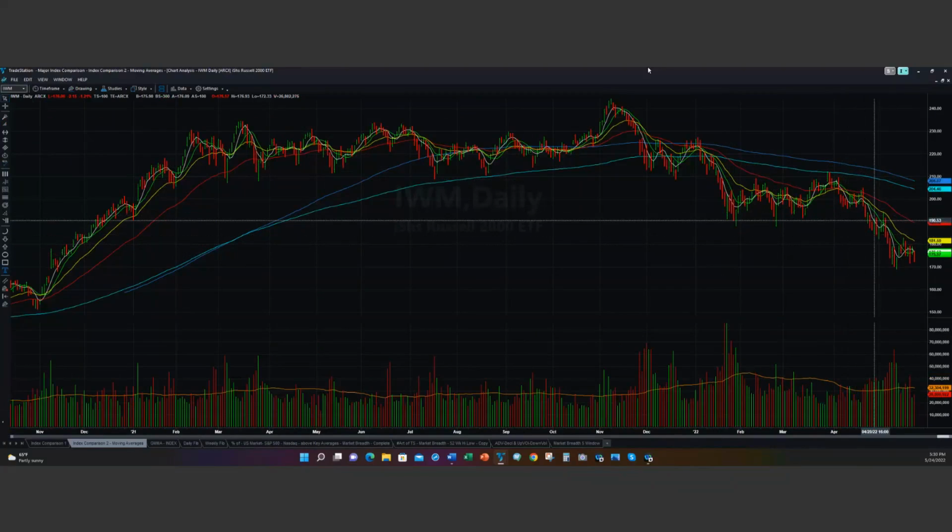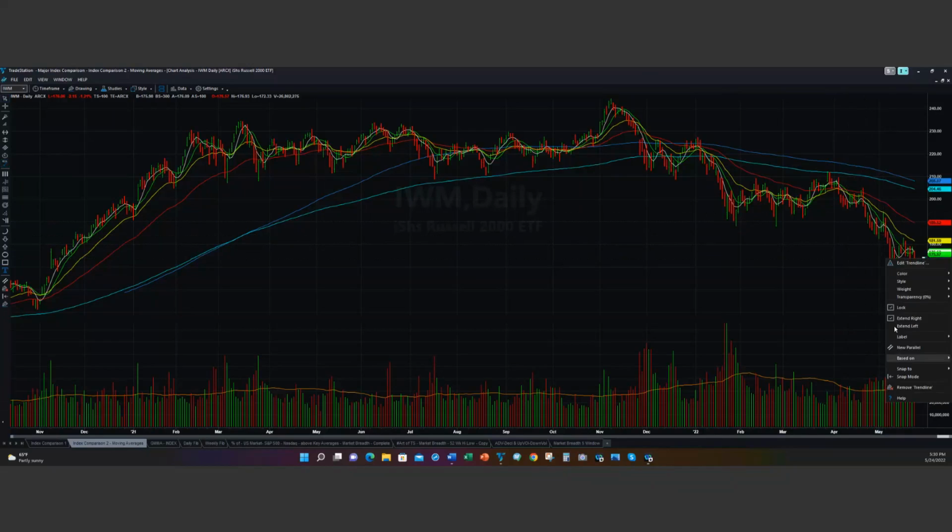Okay, so now let's look at the IWM for a second. If you notice here, let me get the trend line. The IWM is making higher lows. I apologize, the IWM did not make a lower low.